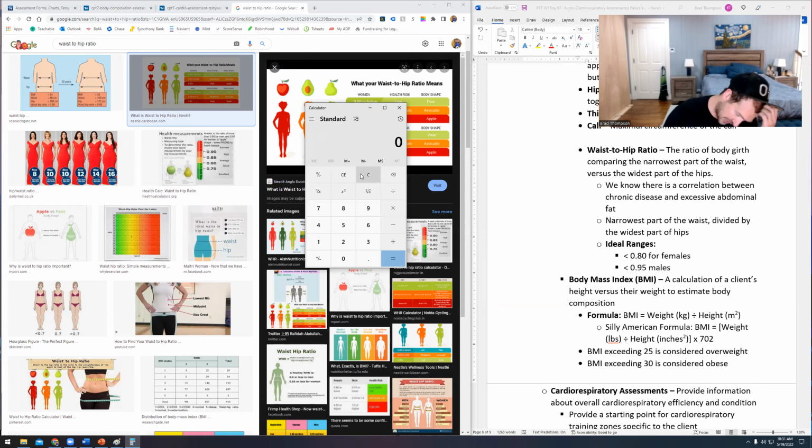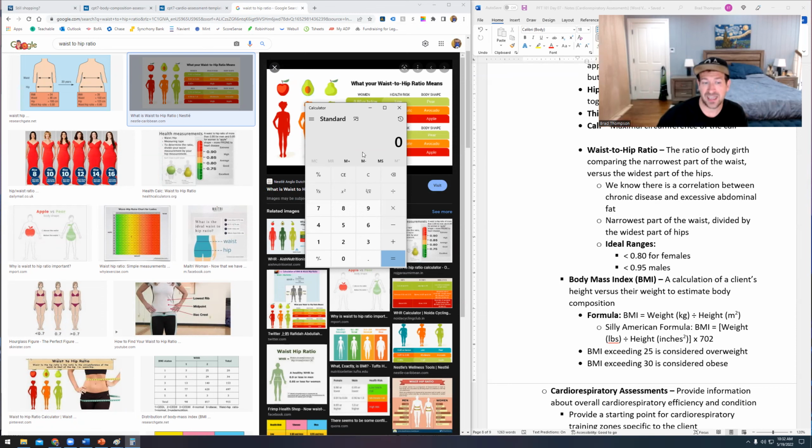So let's say we have a client who falls into a healthy waist to hip ratio, but they might have an excessively high body fat percentage, maybe in the overweight category. That could indicate that your body fat percentage is outside of normal ranges, but your blood pressure is good, your resting heart rate is good, and your waist to hip ratio is in a good spot.